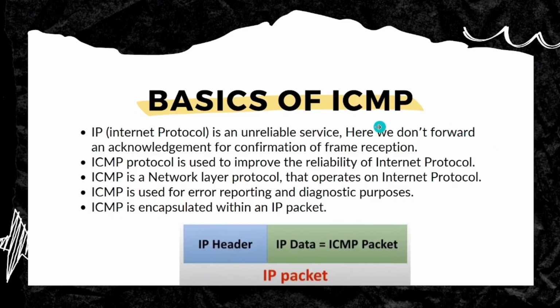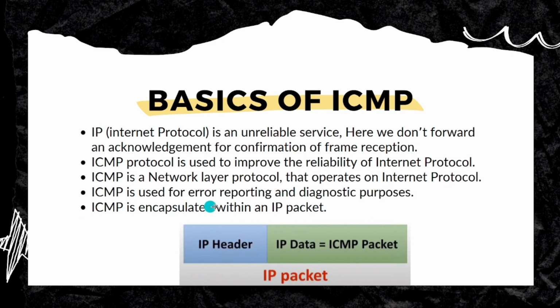So let's discuss more about the basics of ICMP. Internet Protocol is an unreliable service. Here we don't forward an acknowledgement for confirmation of frame reception. The ICMP protocol is used to improve the reliability of Internet Protocol, as I have already told you in the video. ICMP is a network layer protocol that operates on Internet Protocol.